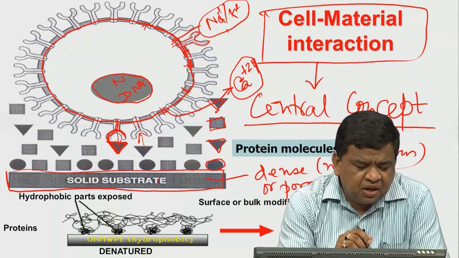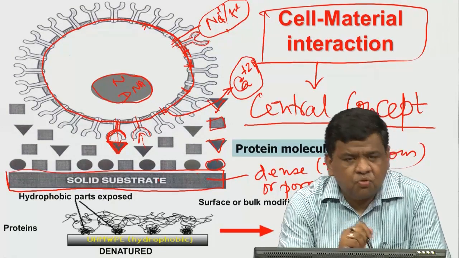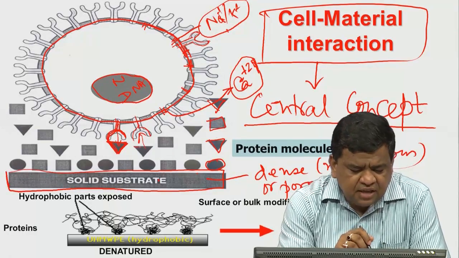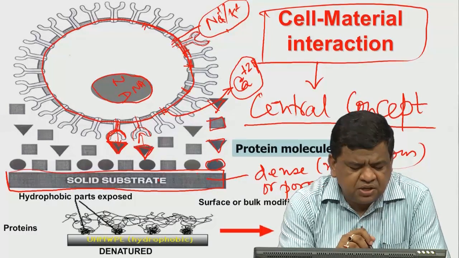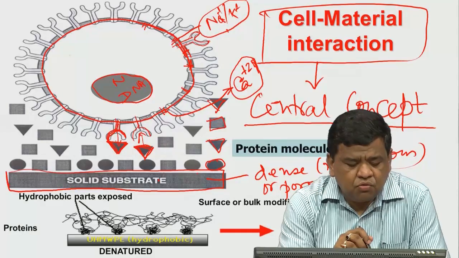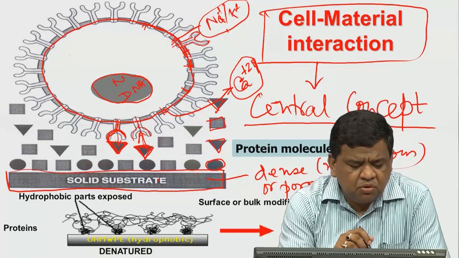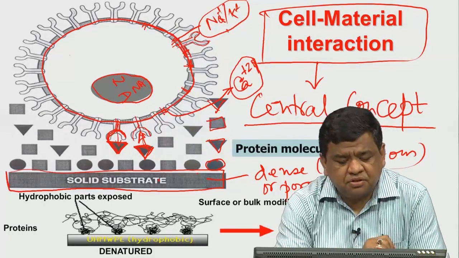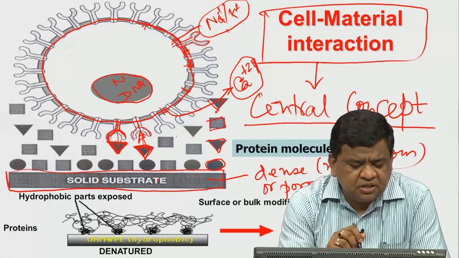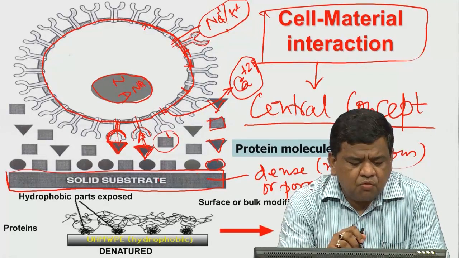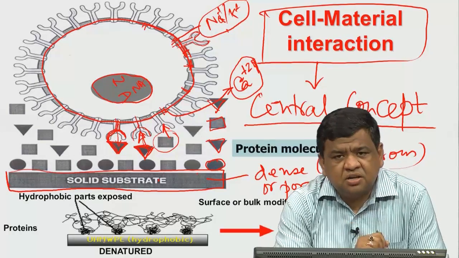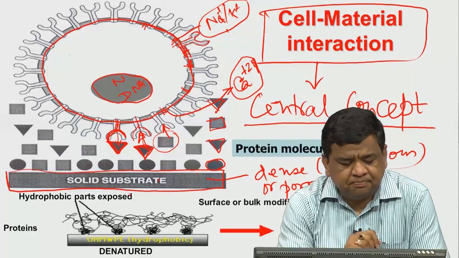Similarly, if you consider the transmembrane protein as the tongue, then the adsorbed proteins are among the objects that they tend to get hooked to, and therefore they will be hooked to the individual cell surface receptors. So, this is essentially a physical mechanism which takes place in the early stage of the cell material interaction.